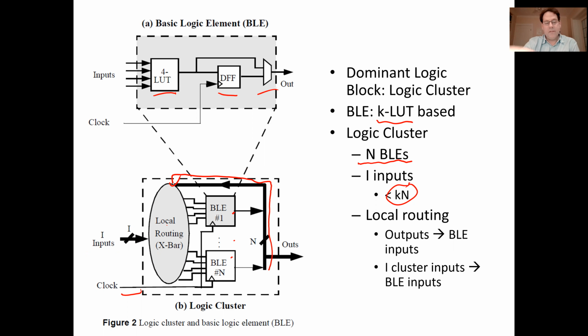That, again, reduces demand for signals from the outside world, lets us get by with a smaller number of inputs, which is going to save us routing ports and save us area. So we use this local routing for two things: to send our outputs back to the BLE inputs, and to distribute this smaller number I of cluster inputs to the lookup table inputs. And in the architectures we're going to look at, there's just one clock that fans out to all the registers, because usually you don't need that much flexibility on clocking.